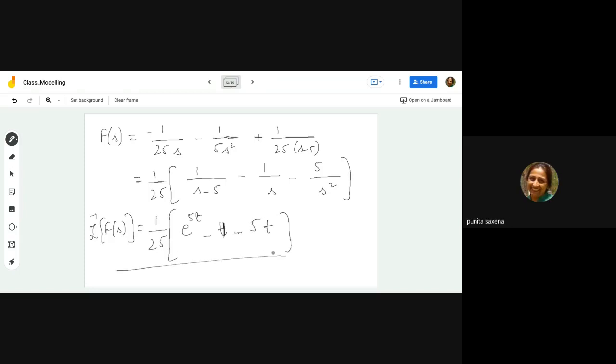Okay, so this is your inverse Laplace. Is this clear? Yes, ma'am. Fine.